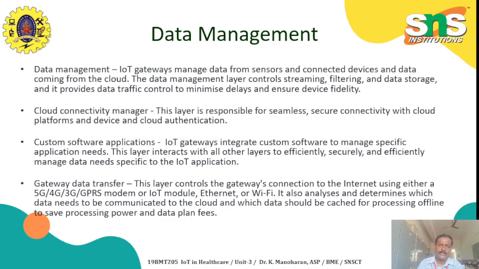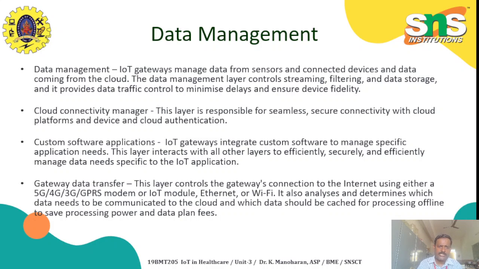The data management layer controls the streaming, filtering, data storing, and provides traffic control to minimize delays to ensure device fidelity. Again, the cloud connectivity manager: this layer is responsible for seamless, secure connectivity with the cloud platforms, for the devices and authentication. That means whenever we have some information that will be stored in a cloud, the cloud connectivity manager takes care of the information available in the cloud.